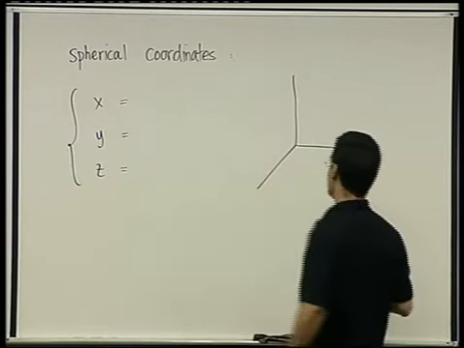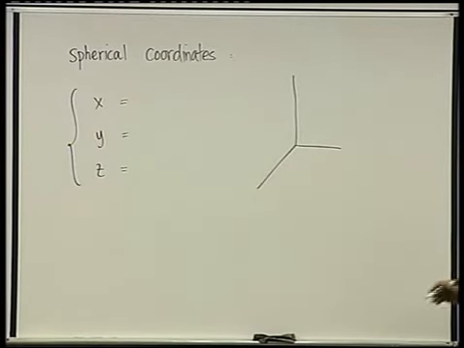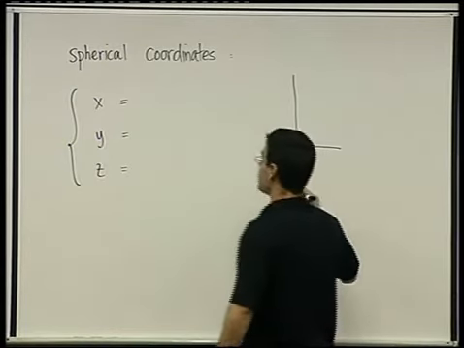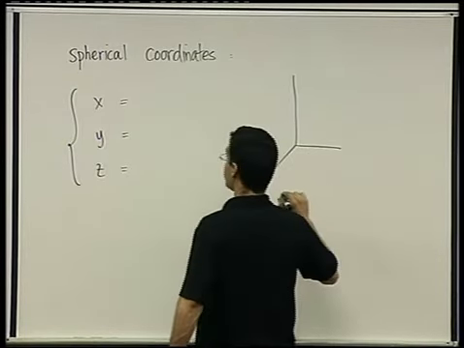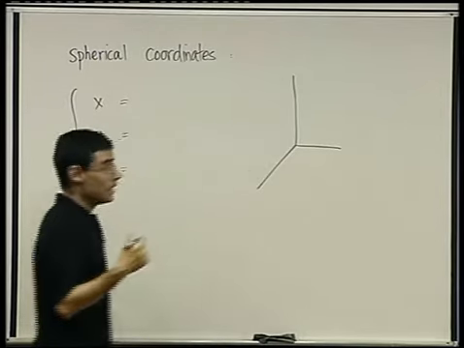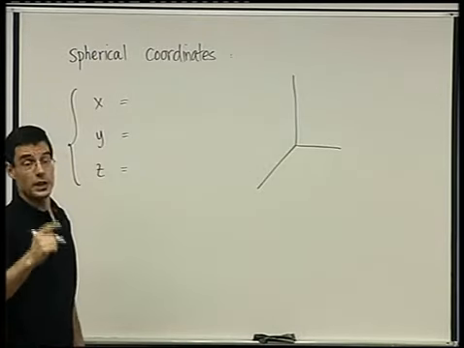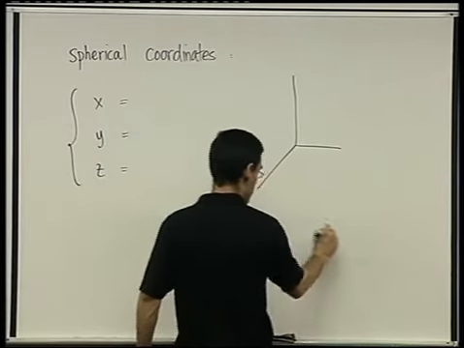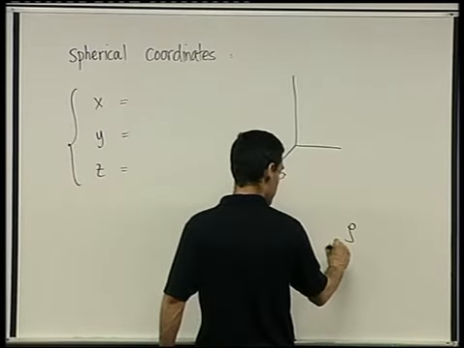It's a bit different than just simple polar coordinates. So the way I define them, there's going to be rho, theta, and phi. There are going to be two angles involved. Rho is going to be the distance, so let's write it here.